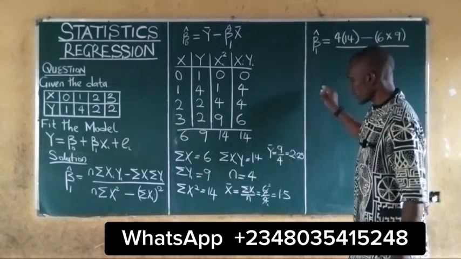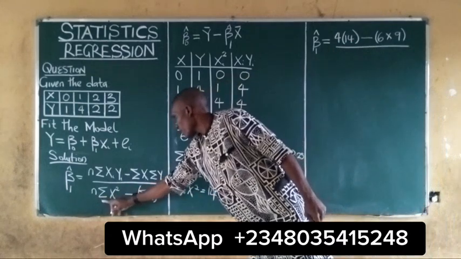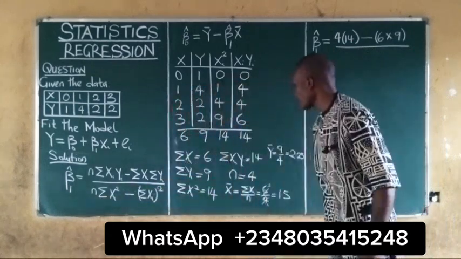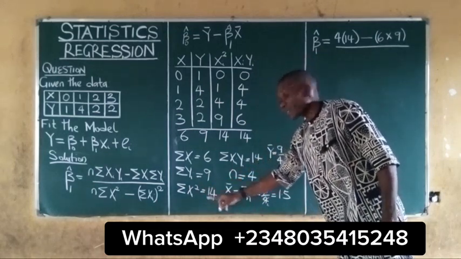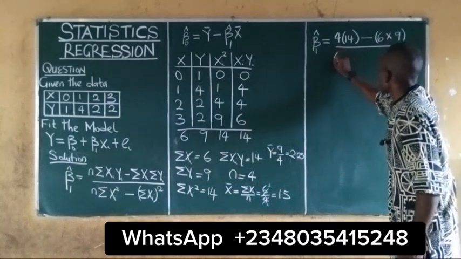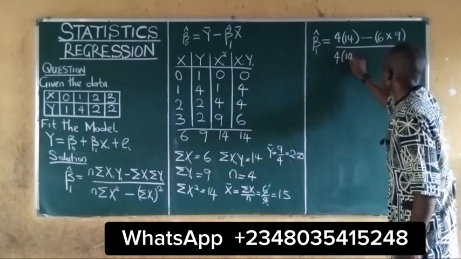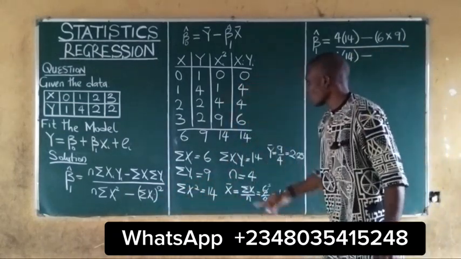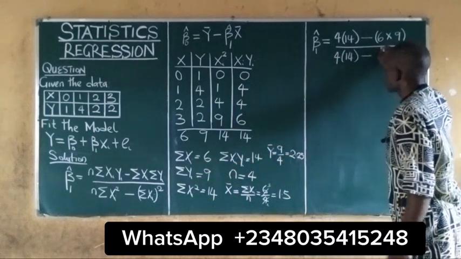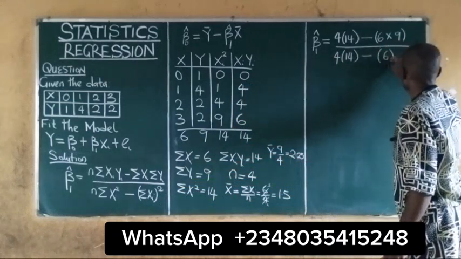Also, we have the next one, n multiplied by summation of xi squared. Summation of xi squared is 14, so 4 multiplied by 14, minus summation of xi all squared, which is 6 all squared.